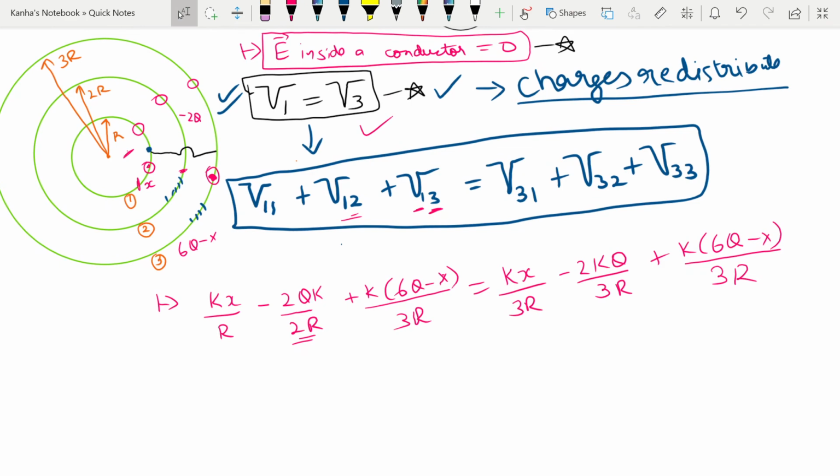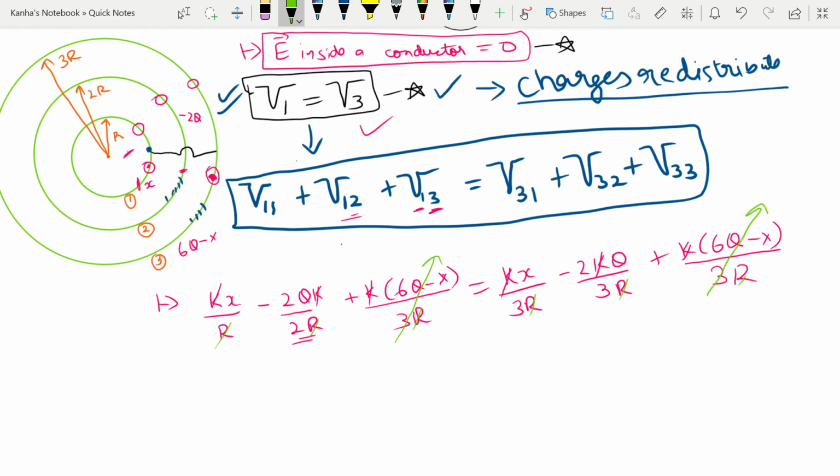Now how do you proceed with this? You just cut the common terms on both sides. The r's also go away. This entire term is the same on both sides.